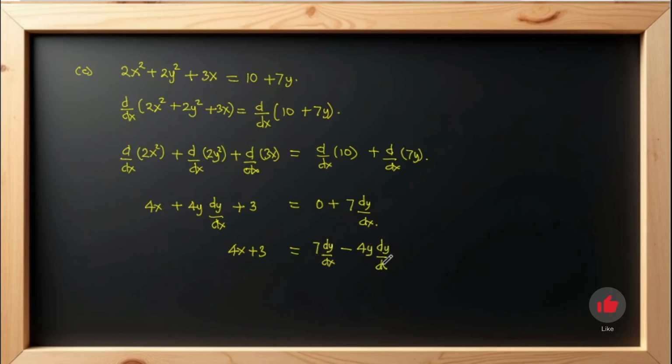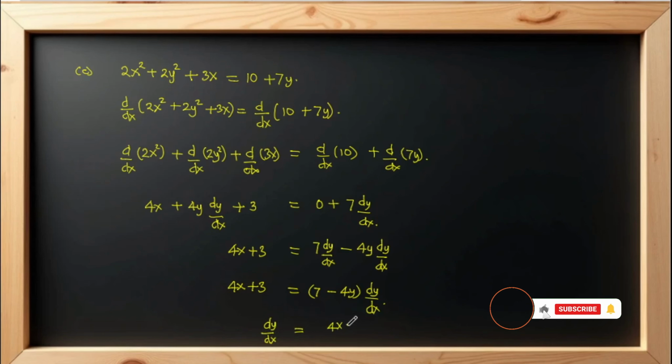So we can factor out from the right hand side our dy by dx, and we are left with 7 minus 4y times dy by dx. So dividing both sides by the coefficient of dy by dx will yield for us 4x plus 3 all over 7 minus 4y, and that is the solution for this part.